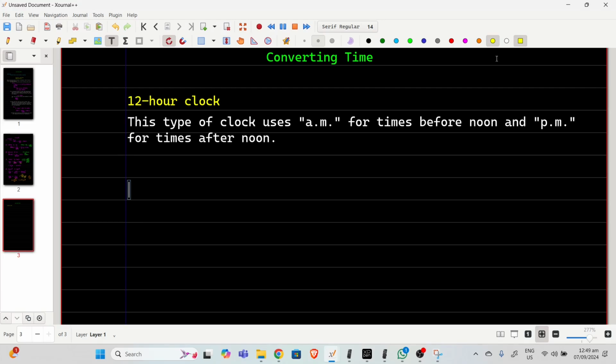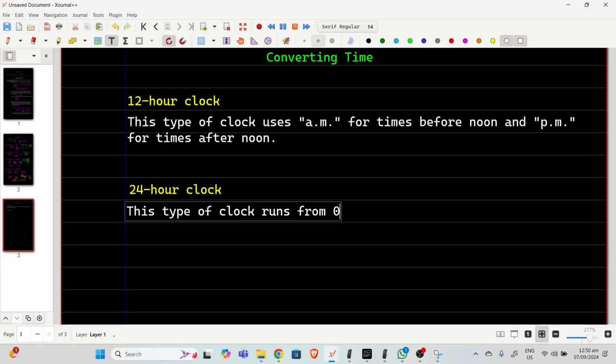Then we have the 24-hour clock. Right? And let's do a little note about the 24-hour clock, since this is not one that we commonly use often. So this type of clock runs from 0000, which is midnight, to 23:59. Right?